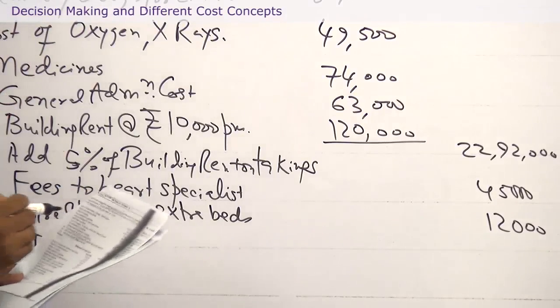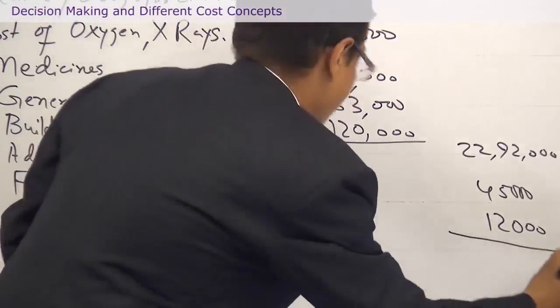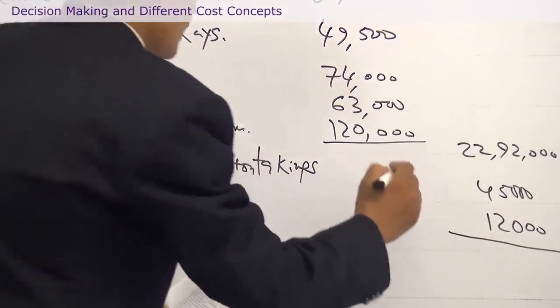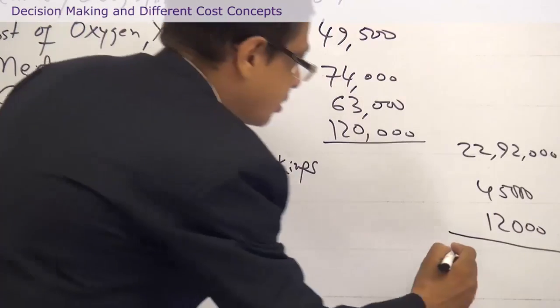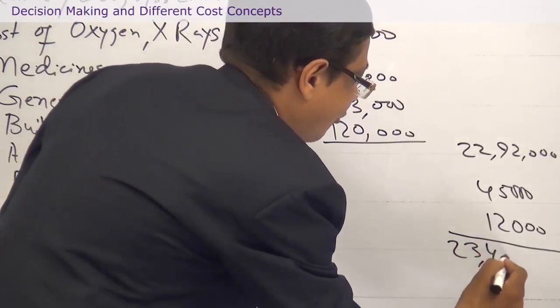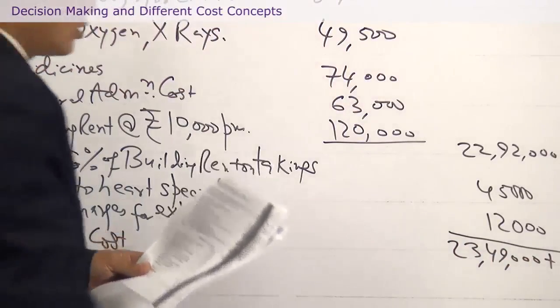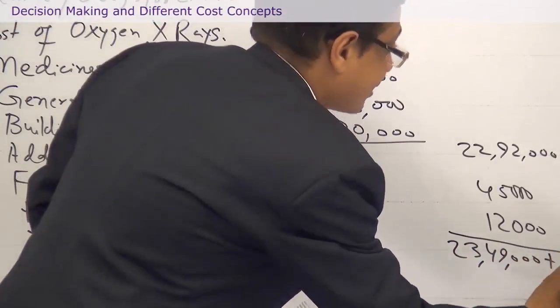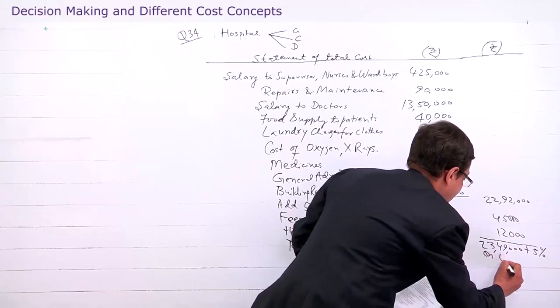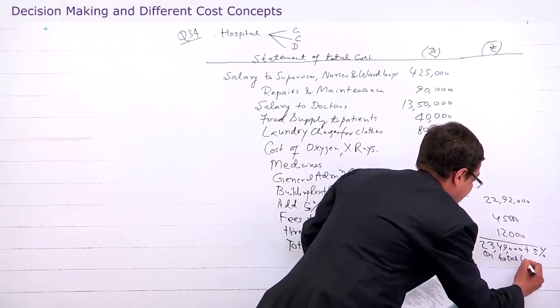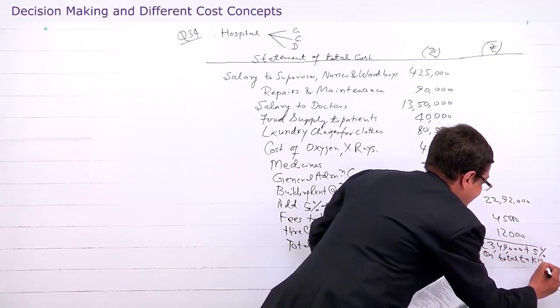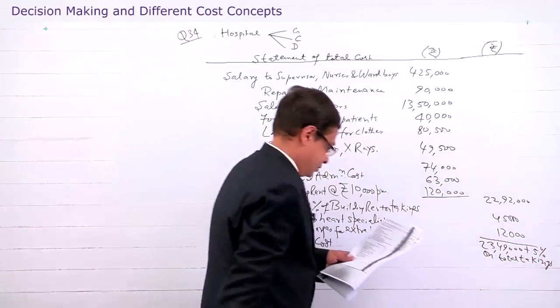So the total cost, if you add it, becomes 23,49,000 plus 5% on total takings.